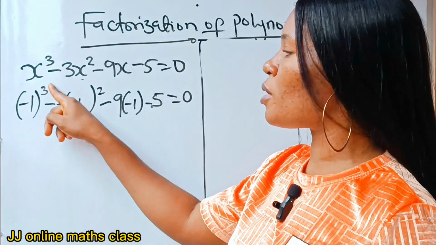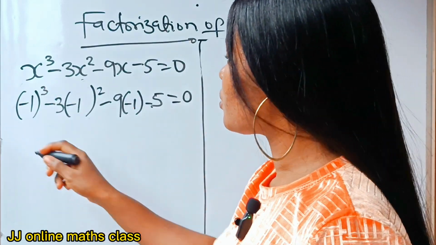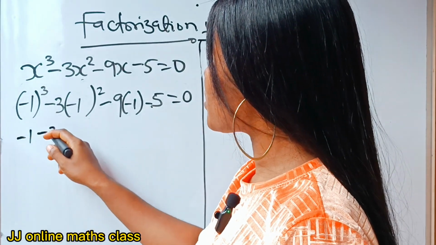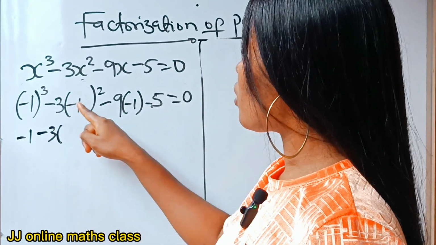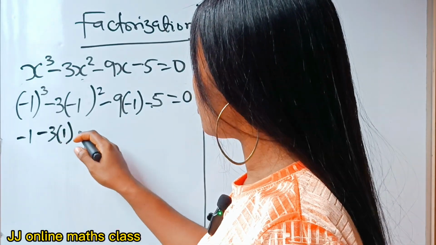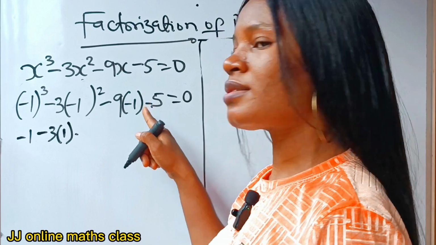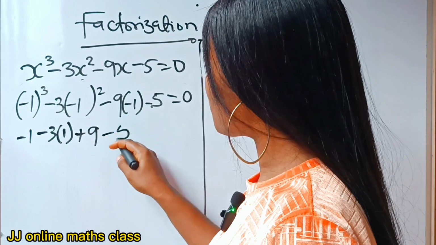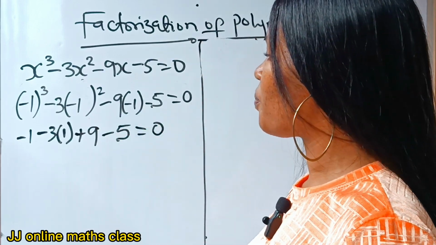Now minus 1 to the power of 3 is still minus 1. Now this is minus 3 bracket minus 1 squared, which is 1. Then minus 9 times minus 1 will give us plus 9. Then minus 5 is equal to 0.